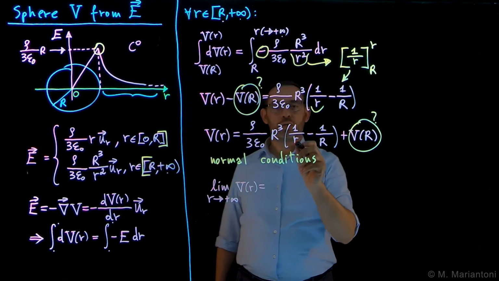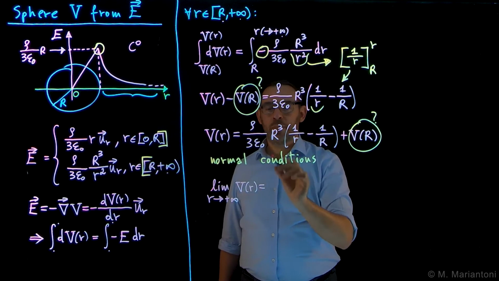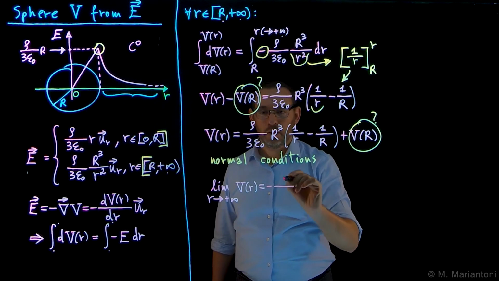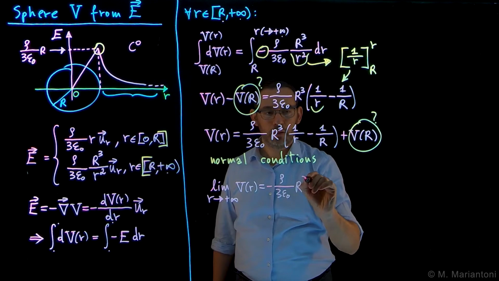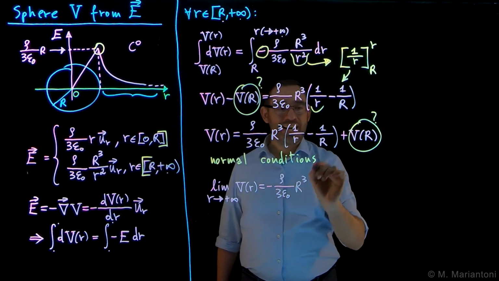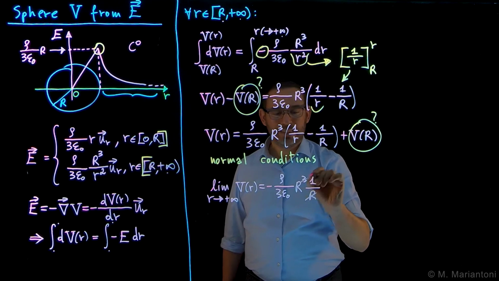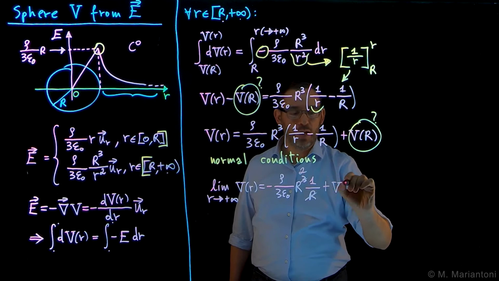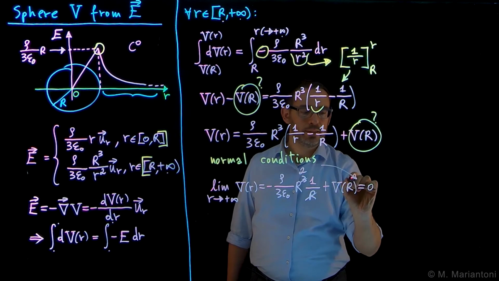This is a simple calculation. 1 over small r at infinity gives us 0. So we simply obtain minus rho divided by 3 epsilon naught times R cubed, times 1 over R. So this cancels, and here we obtain R squared, plus V of capital R. This has to be equal to 0, normal conditions at infinity.